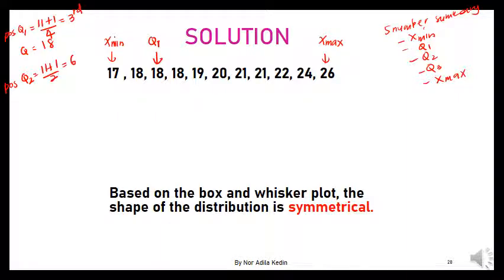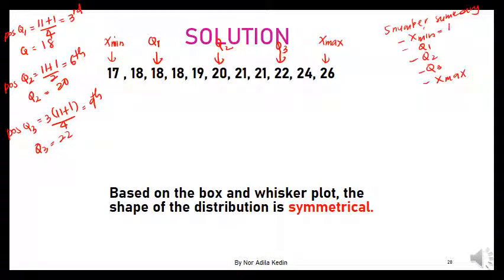Dapat 6. So Q2 awak adalah 20. Position for Q3 adalah 3 times 11 plus 1 per 4. You dapat 9. So Q3 awak adalah 22. So bila you dah ada semua ni, okay, X minimum 17, Q1 18, Q2 20, Q3 22 and maximum 26.